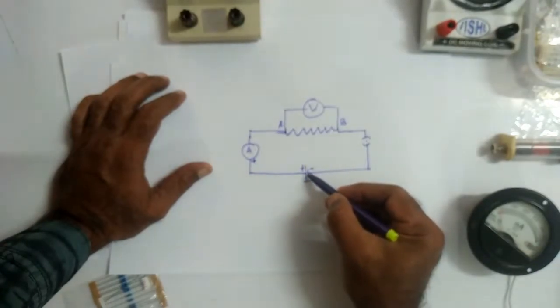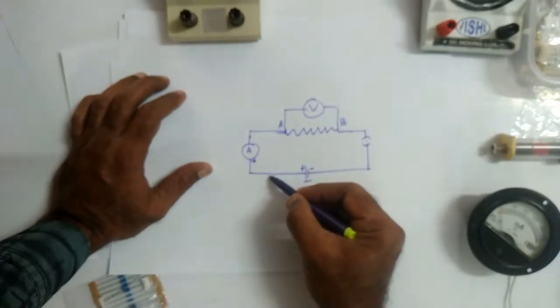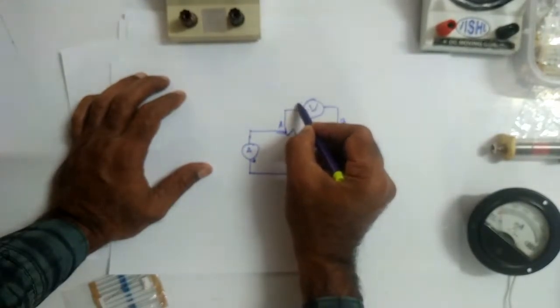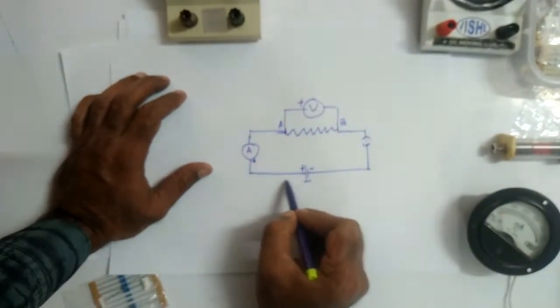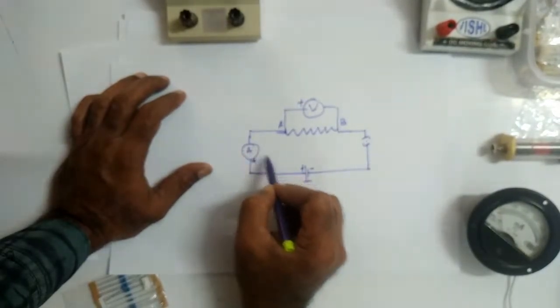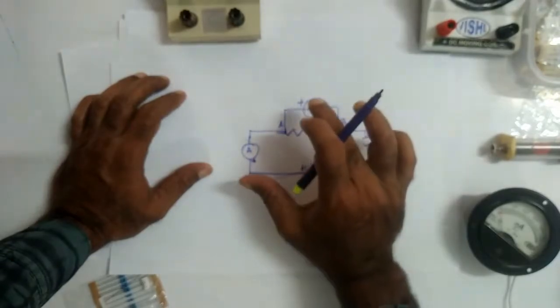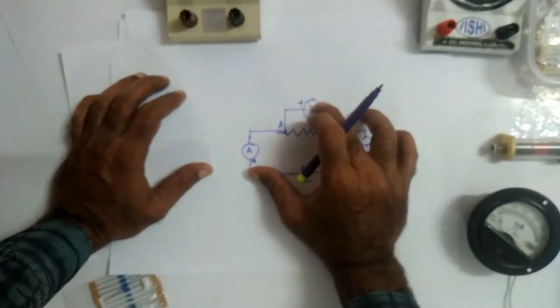Now further you go, if this is positive, then continue this end. So this end will also be positive. So positive to positive for the ammeter and positive to positive for the voltmeter. This is the way you have to conduct.